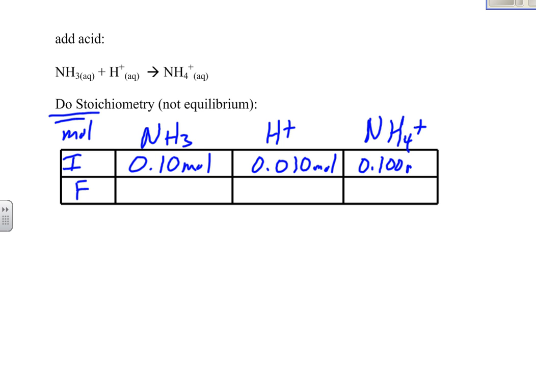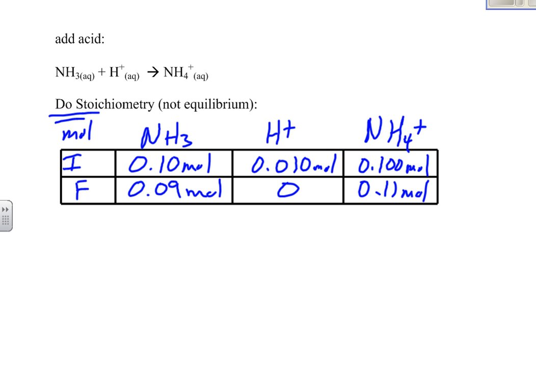0.100 moles of the NH4. May have too many significant figures there, but this is going to go down, so we're going to neutralize all of the H plus. So this is going to go to 0, which means the NH3, which is neutralizing that, is going to go down by that much. So 0.09 moles of the NH3. And of course the NH4 is going to go up then to 0.11 moles.